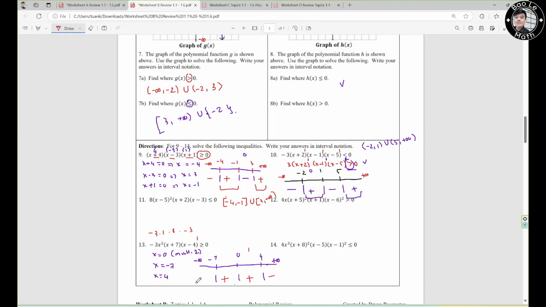And then this guy right here, negative 7, this multiplicity of 1, so the sign changes, right? Negative. Now I need this guy to be greater than or equal to 0, so which means my answer is negative 7, comma 4, right? And then I have the equal sign right here, so I need to include the endpoint.